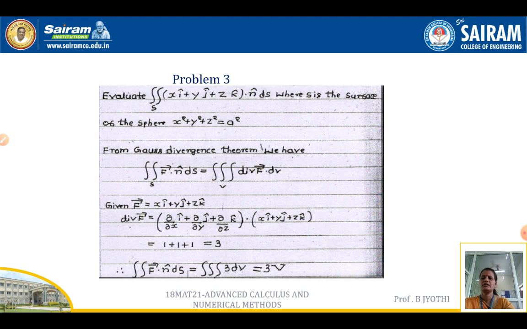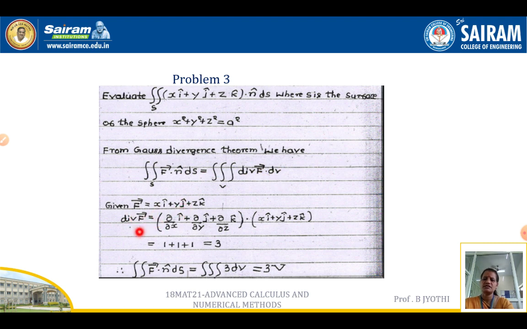Next problem. Evaluate the surface integral of (xi plus yj plus zk) dot n cap ds, where S is the surface of the sphere x square plus y square plus z square equals a square. From Gauss divergence theorem, the double integral along S of f dot n cap ds is given by the triple integral, or the volume integral, of div f dv.